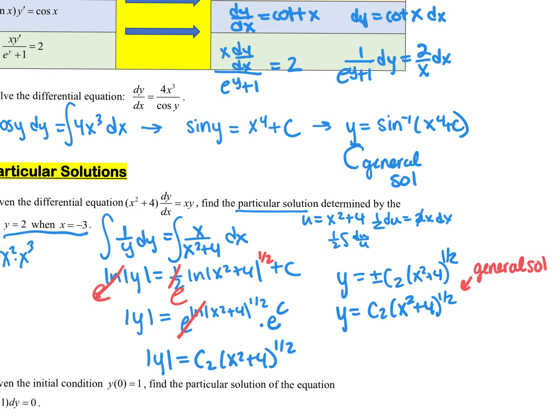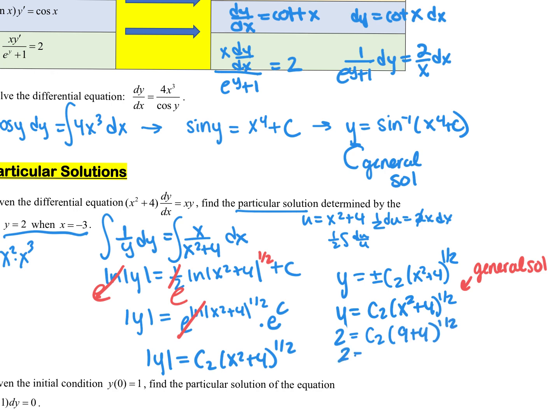And now that we have solved for y, we can plug in our x and y values and find c to find our particular solution. So x is negative 2, y is 3. Oh, other way around, sorry. Y is 2 and x is negative 3. So it'll be 9 plus 4 to the 1/2.